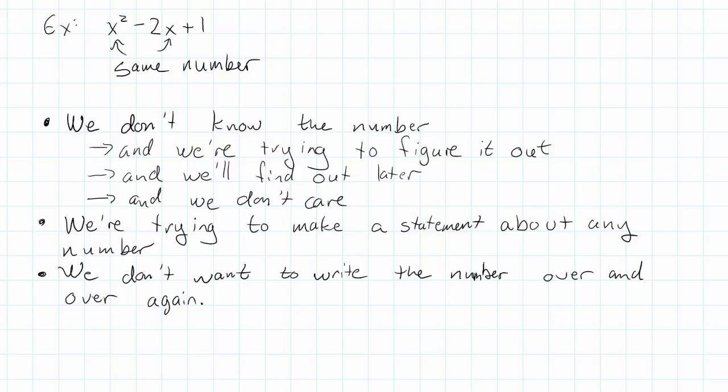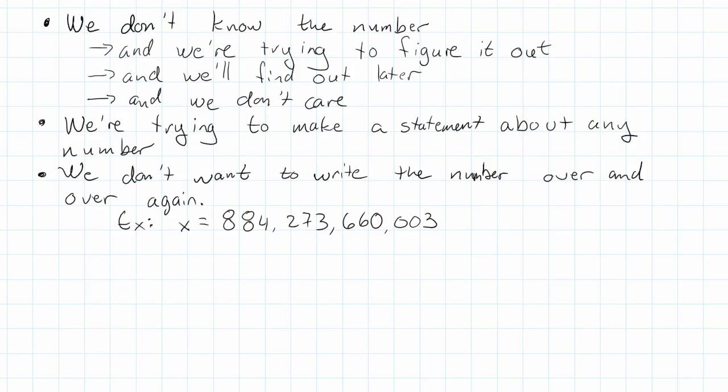For example, maybe we're doing some complicated calculation involving the number 884,273,660,003, and we don't want to write that over and over again. So we let an x stand in for it until we're ready to actually get our final value.